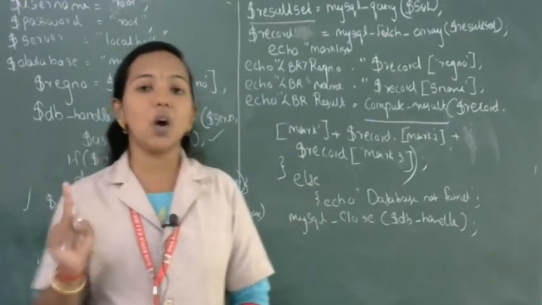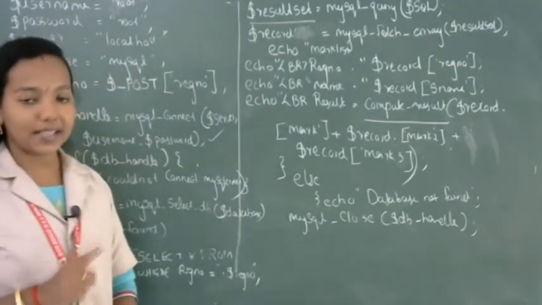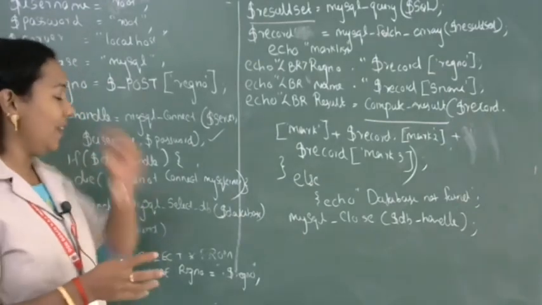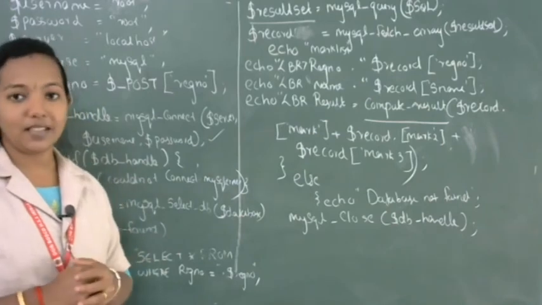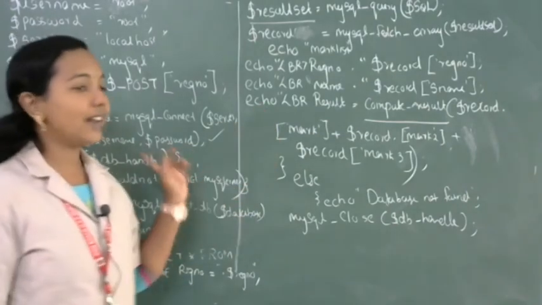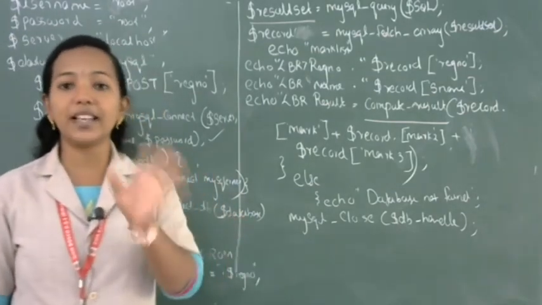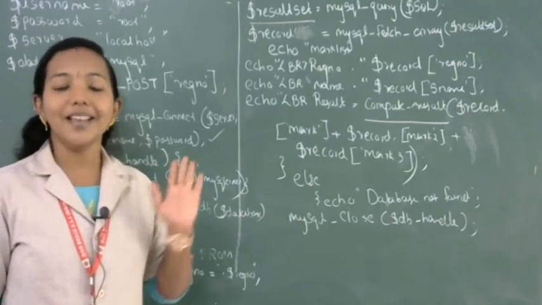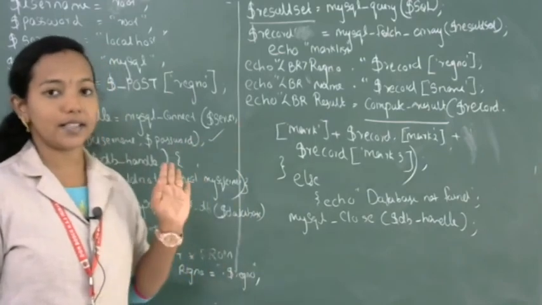You know the variables that we are using in this program. First one is $DB handle, which is used to establish a connection with MySQL. Then $DB handle is used to specify the database name. If the database is present, we can go for the transaction. Then $SQL is another variable to specify the SQL query. Here we are using a select query: select star from marks where register number equals that particular register number.